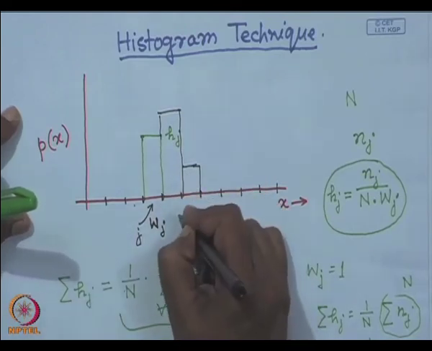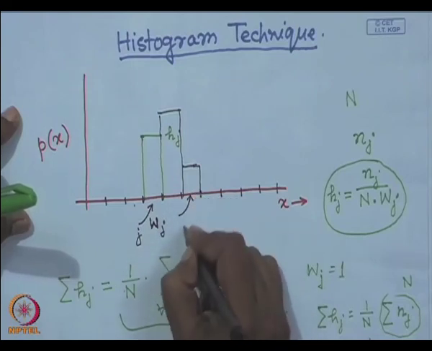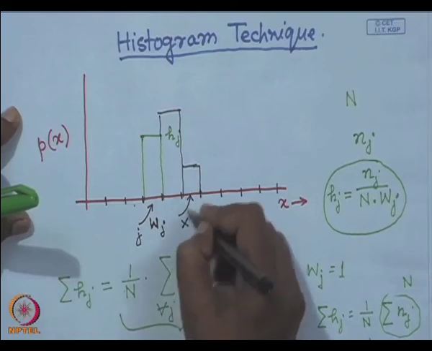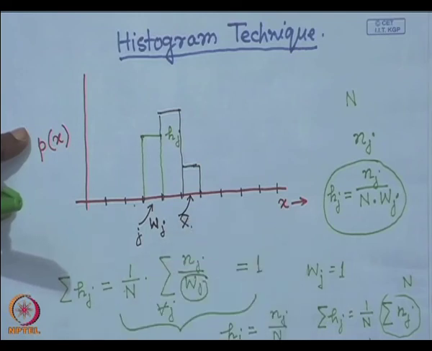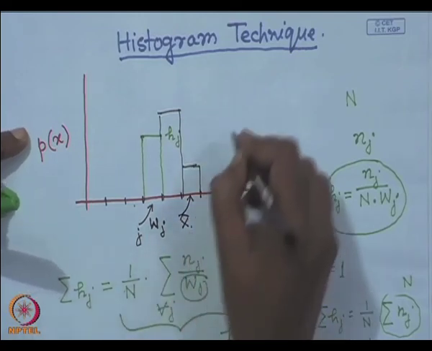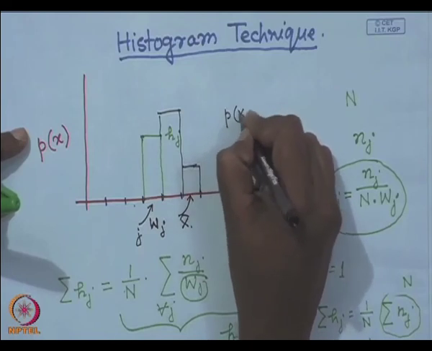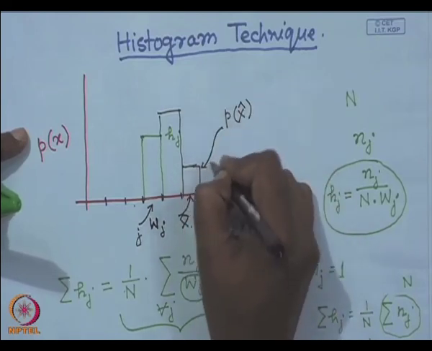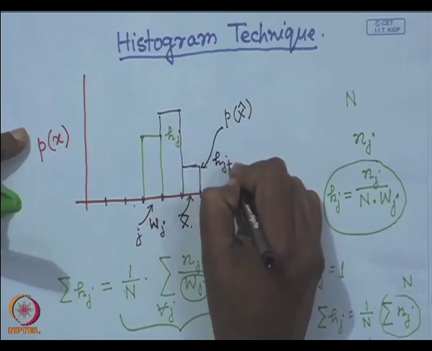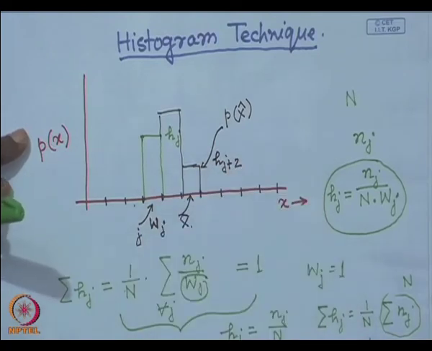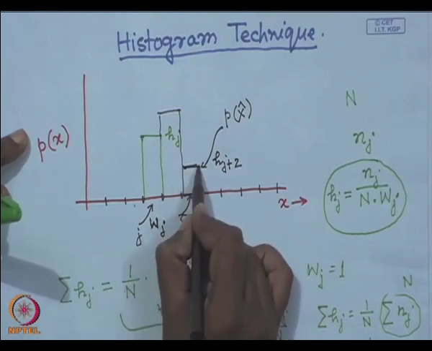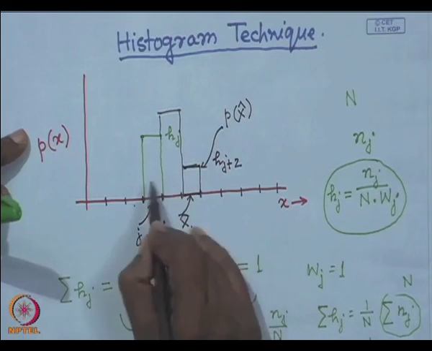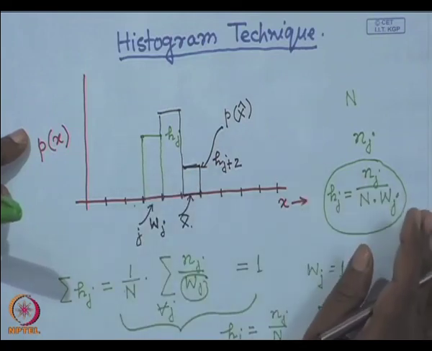Now, if I have any unknown value of x, say a sample value x hat over here, then immediately I will say that p of x hat is nothing but h j plus 2, that is the height of the bar in the j plus second interval. So, obviously, it is assumed that within an interval the probability density is constant, and the probability density is likely to be different in different intervals.